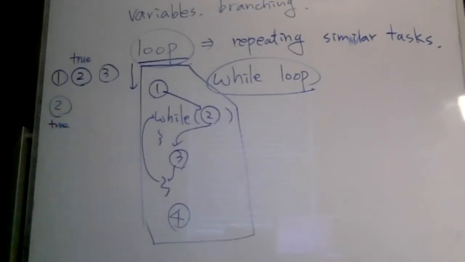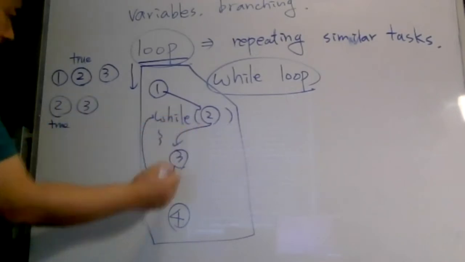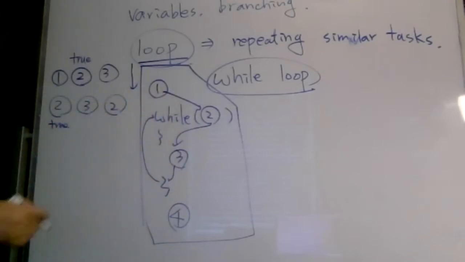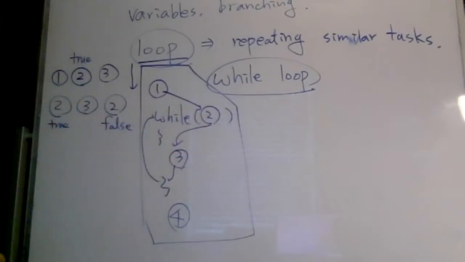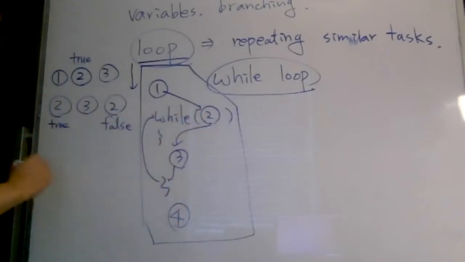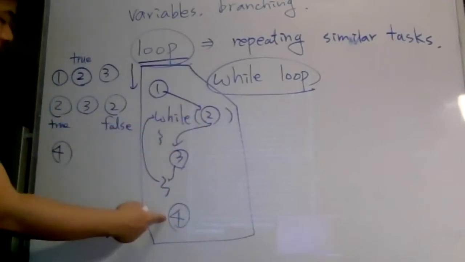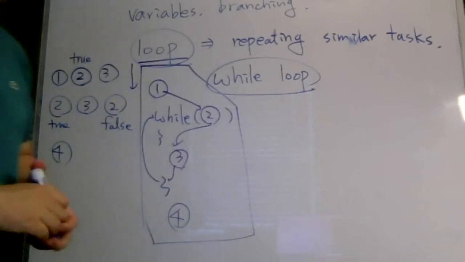Let's say this is again true, then you go back to code 3, and then go back to 2. And let's say at this moment it becomes false, and now it exits the loop because 2 is false, then 4 is executed. So that's the code flow.